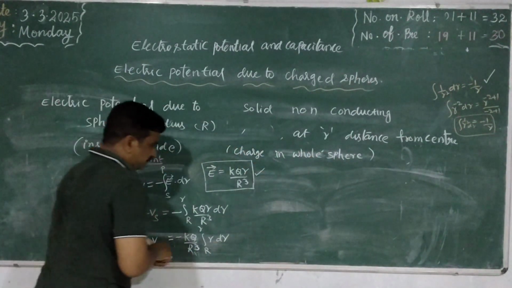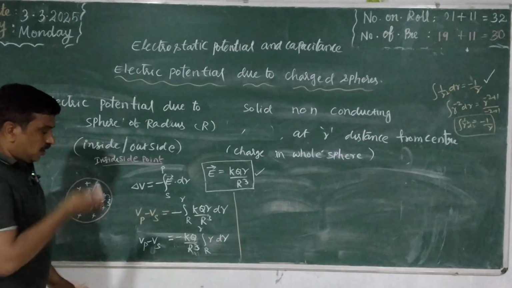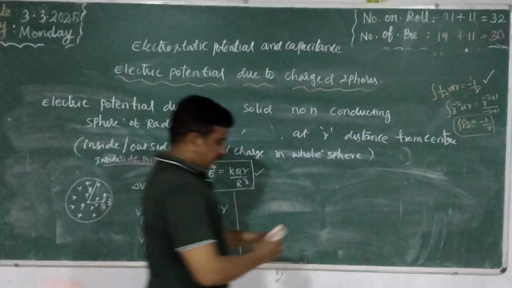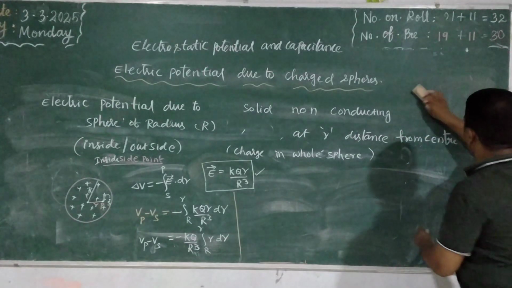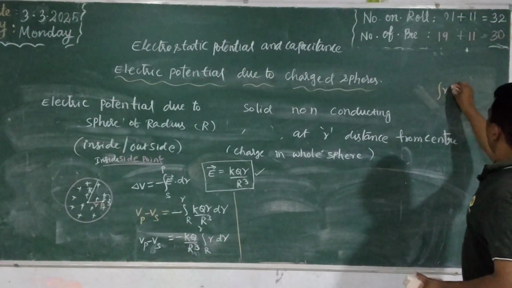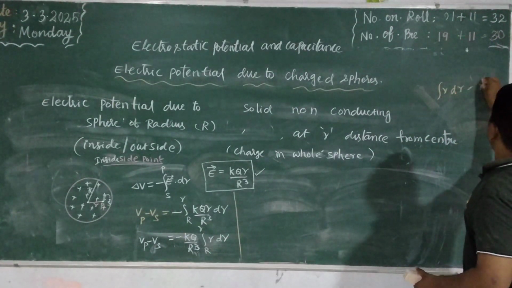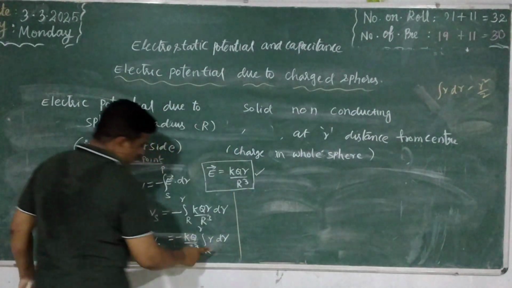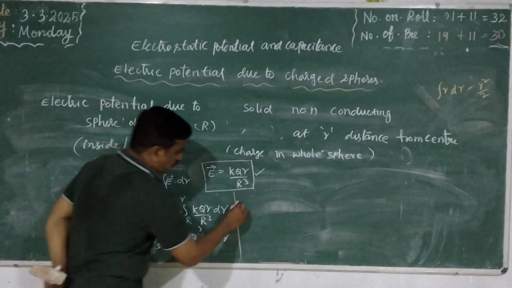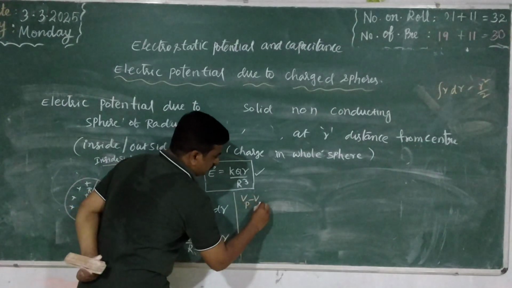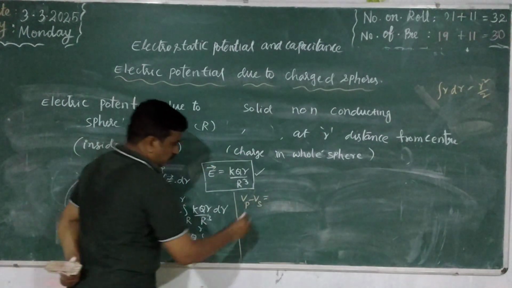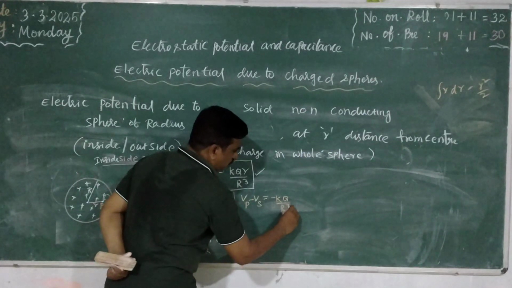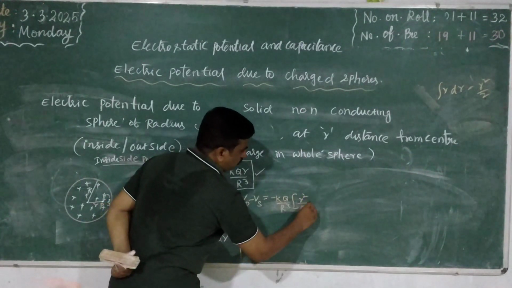Now see here, integral of r dr equals r square by 2. So what we can write now: potential at P minus potential at S equals minus KQ by R cube into r square by 2.